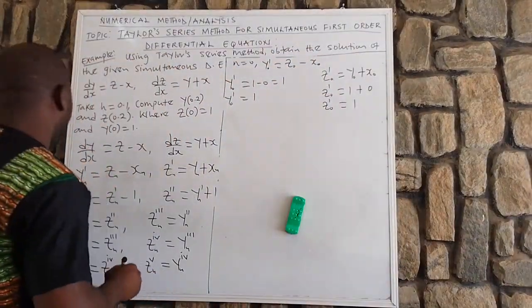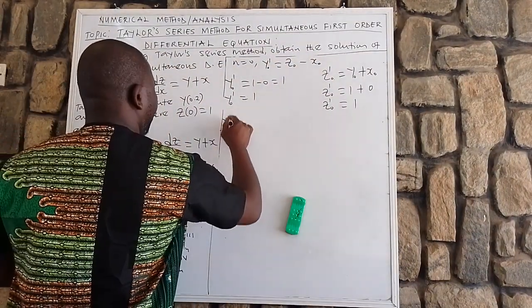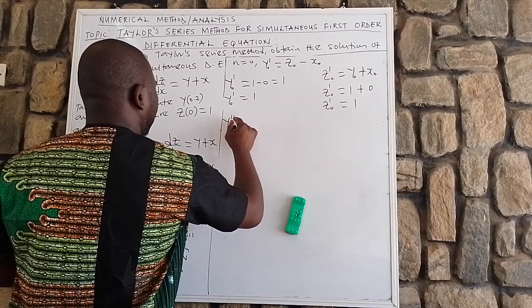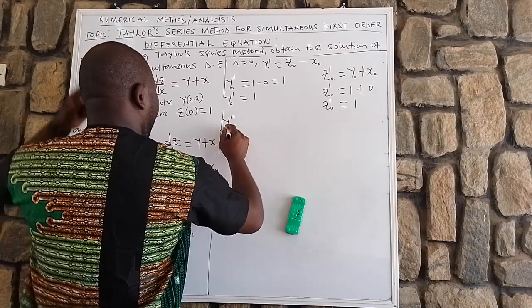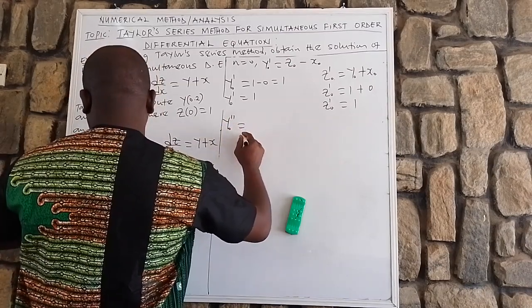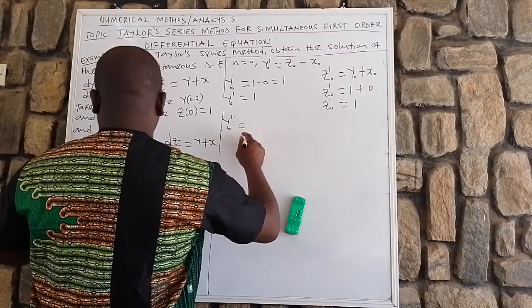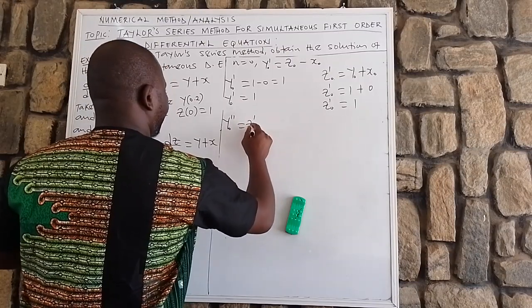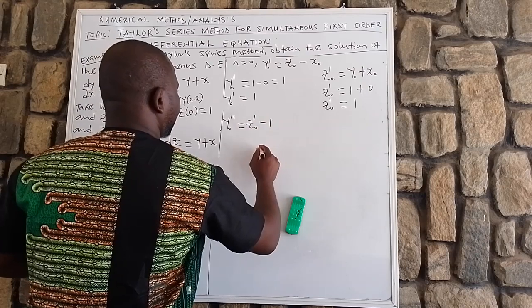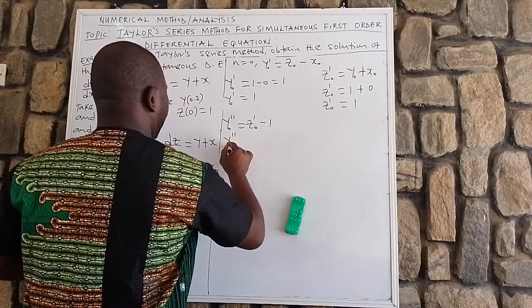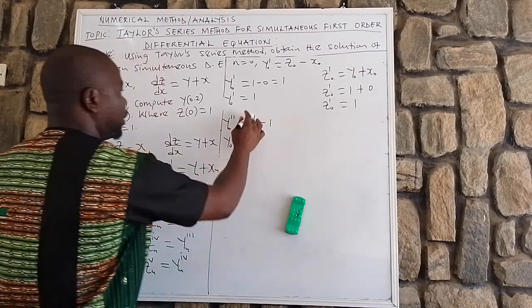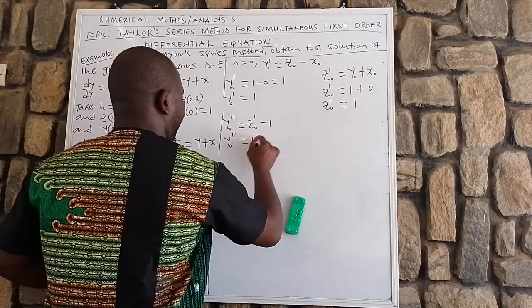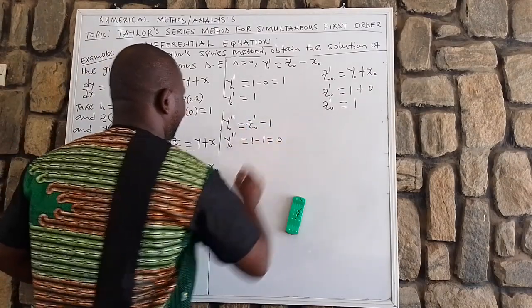Then let's move to y prime naught. Y prime naught is equal to z prime naught minus 1. So y prime naught is equal to, z prime naught is what? 1 minus 1. It means this is equal to 0.